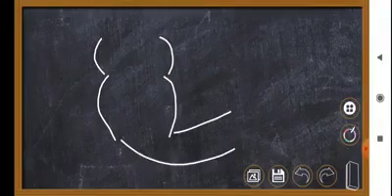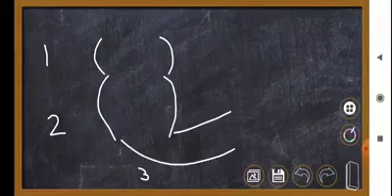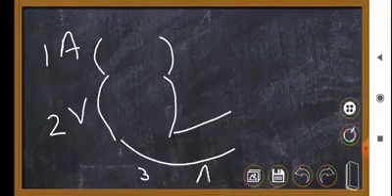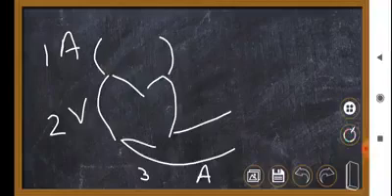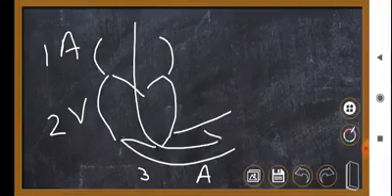Suppose these are three chambers: 1, 2, and 3. Chamber number 1 is atrium, chamber number 2 is ventricle, and chamber number 3 is artery. So first there is mitral or tricuspid valve, and second there is aortic valve. And we all know the direction of blood flow is this.